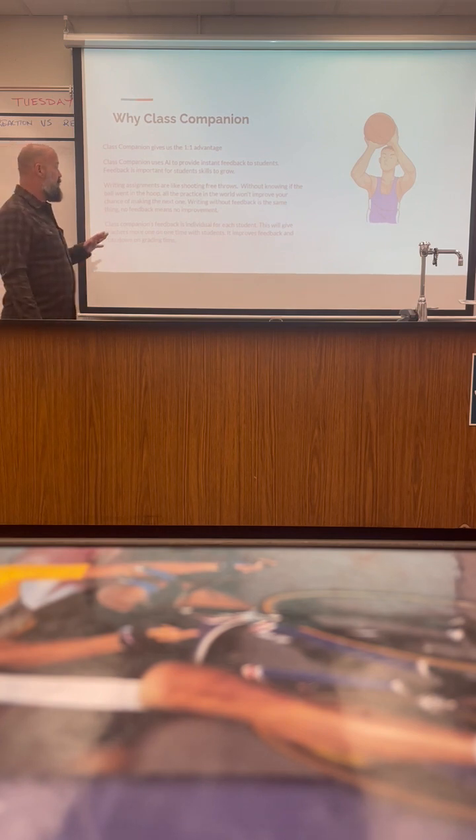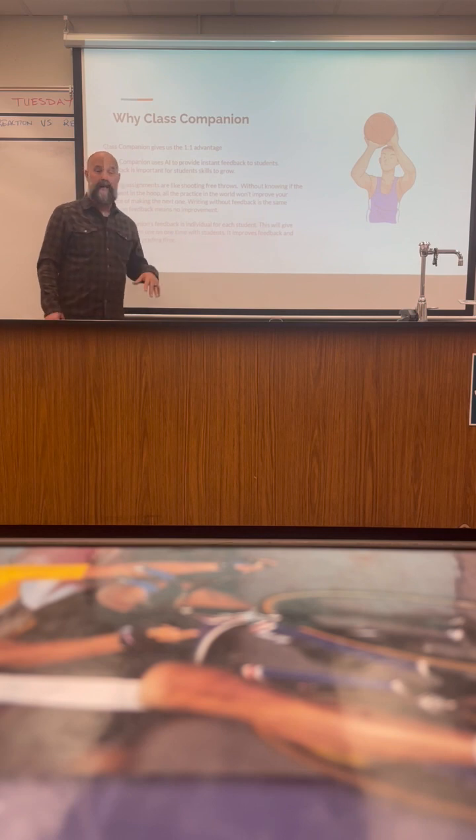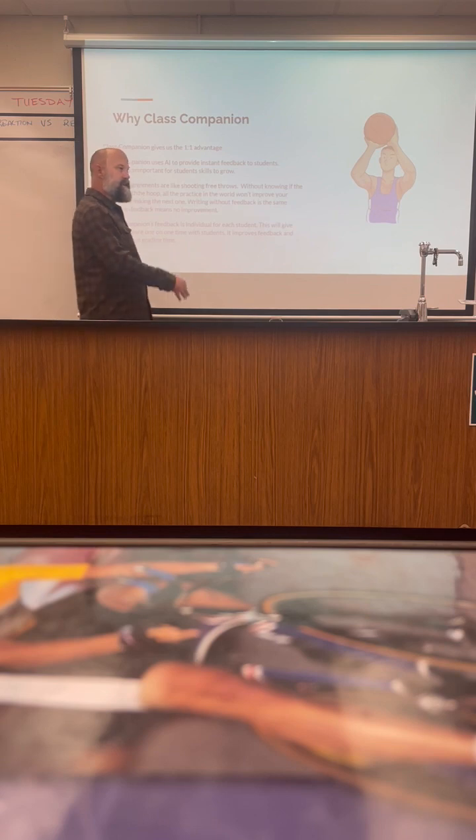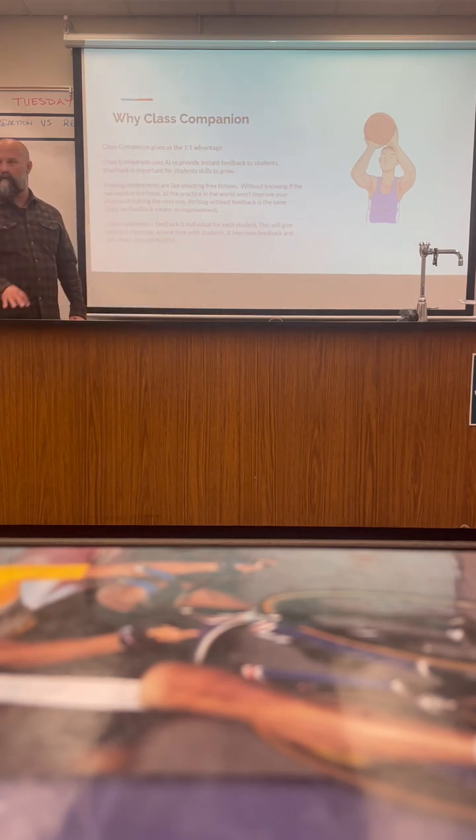Kind of like shooting free throws, right? If you shot free throws all day long, but couldn't see if you made it or not, you wouldn't be getting any better. And so that's kind of the idea of the AI feedback. As soon as you are done, it will give you feedback on where you are at and how to improve.